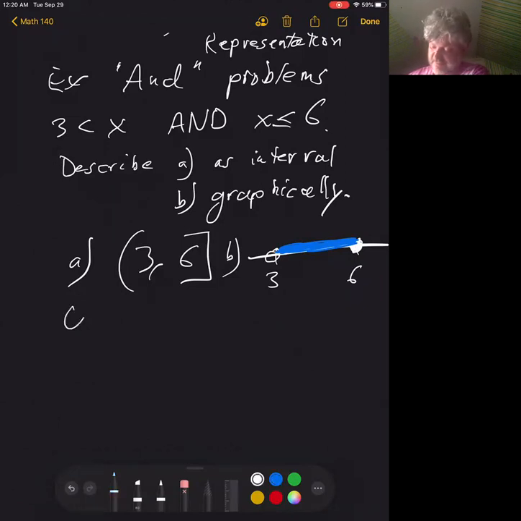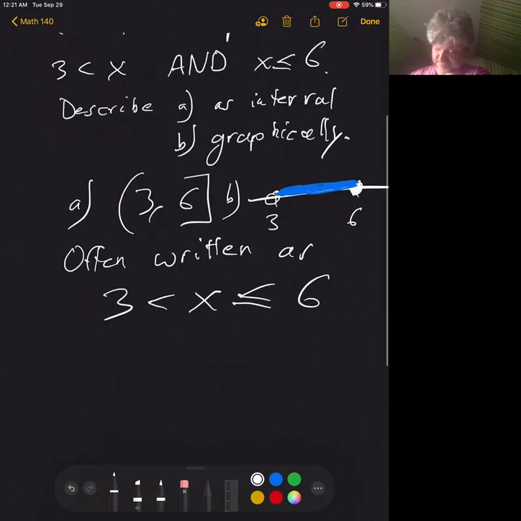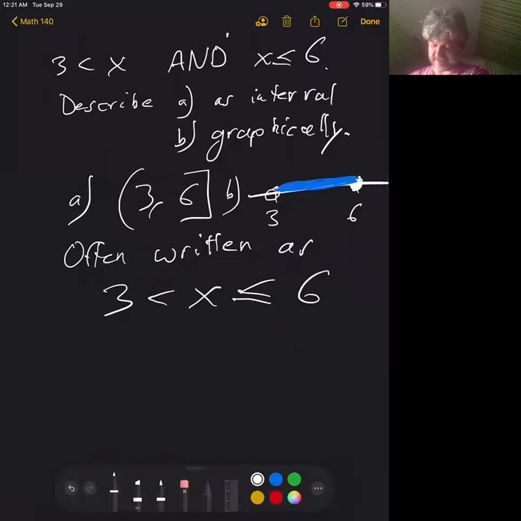Then you often write this as 3 less than x less or equal 6. So you can literally see how the x is between the 3 and the 6. And that's called a compound inequality.